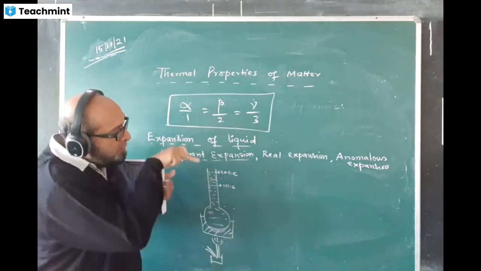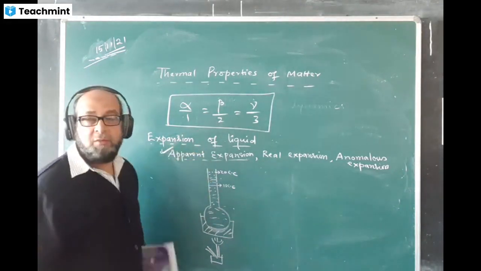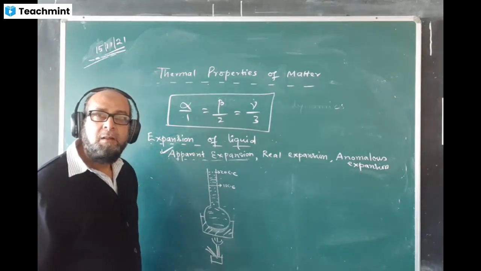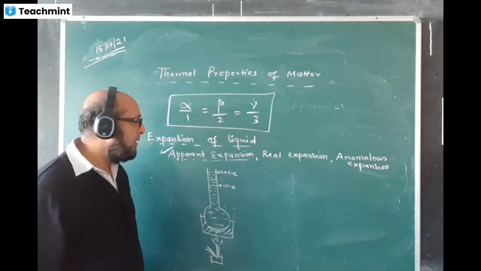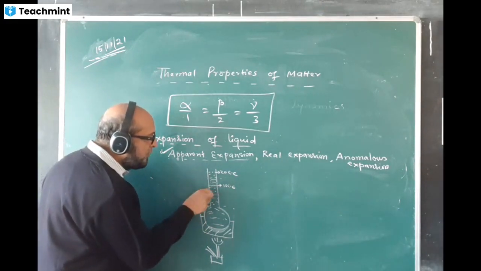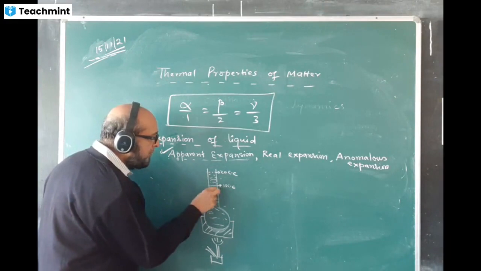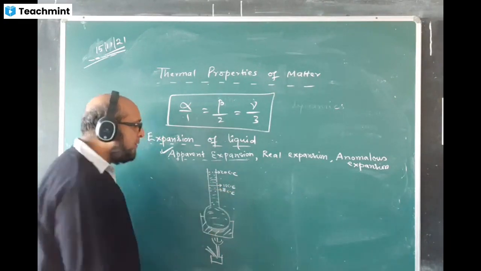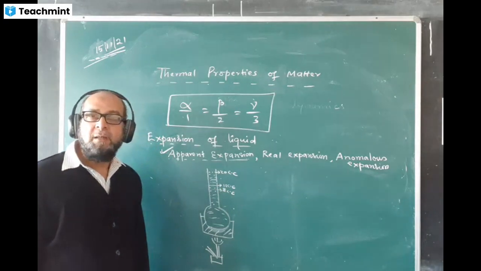When the container expands, the water level will go down. So when you are heating, the water level goes down to, suppose, 8 cc because of the expansion of the container. Now the new level becomes 8 cc.